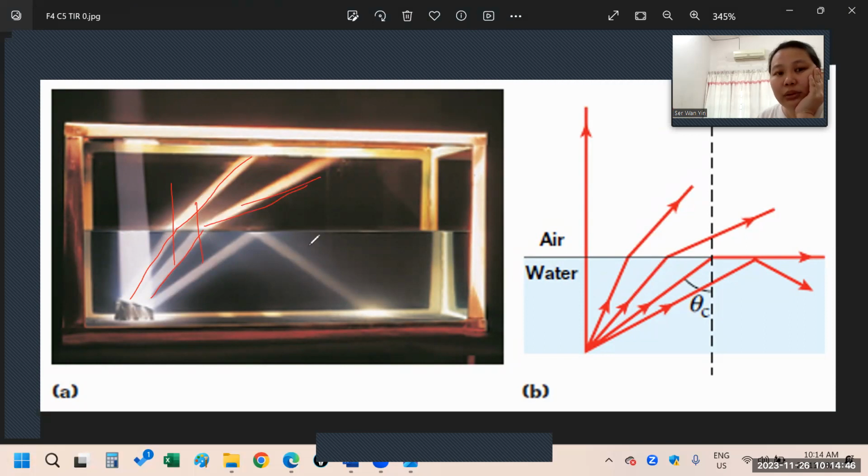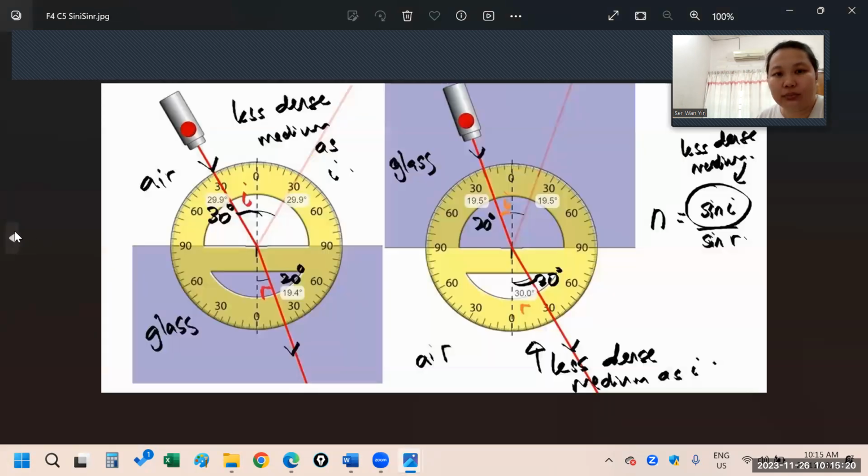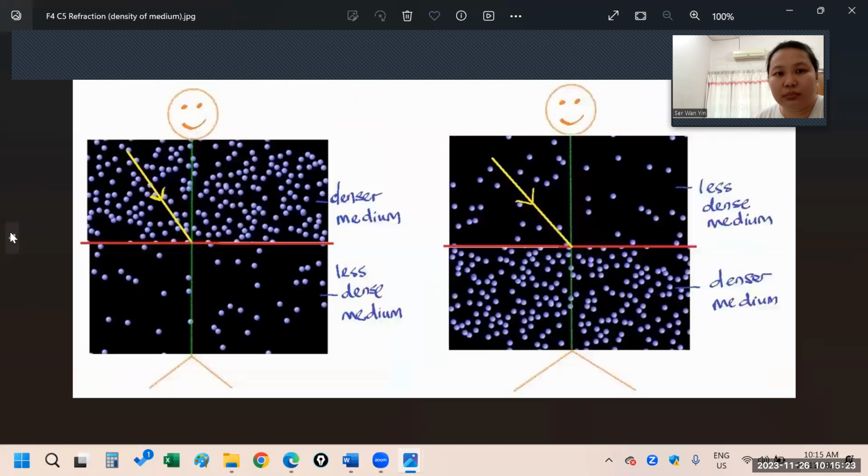And then when it reaches critical angle, it will be 90 degrees refraction. Means this is C. C is incident angle. Refracted light in 90 degrees, critical angle. After that, it will reflect back, total internal reflection. From denser medium, water, to less dense medium, air.